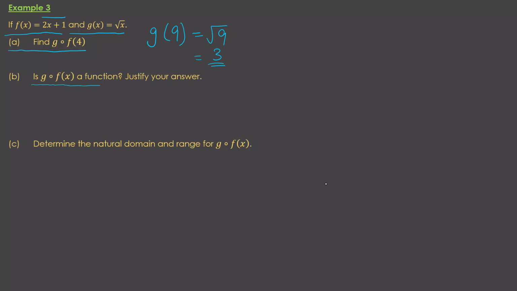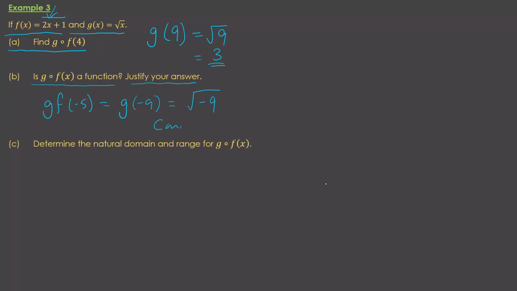Is g of f of x a function? Justify your answer. Well, let's think of g of f of negative 5. That's g of, if we substitute negative 5 into here, we get negative 10 add 1 is negative 9, which is the square root of negative 9.